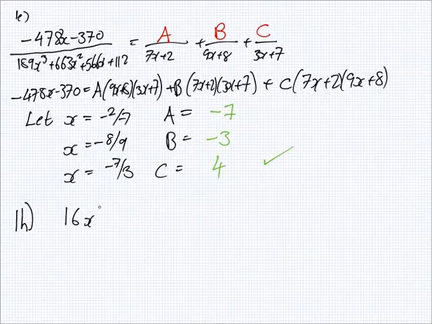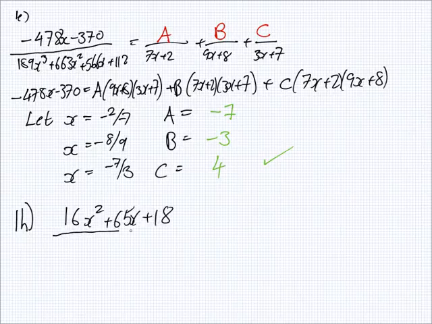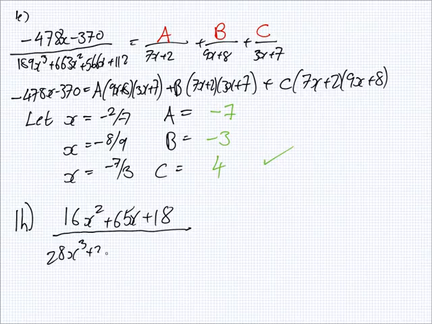I don't know anymore. 16x squared plus 65x plus 18 all over 56x cubed. Oh my goodness, what's wrong with me? Right, 28x cubed plus 36x squared plus 15x plus 2.